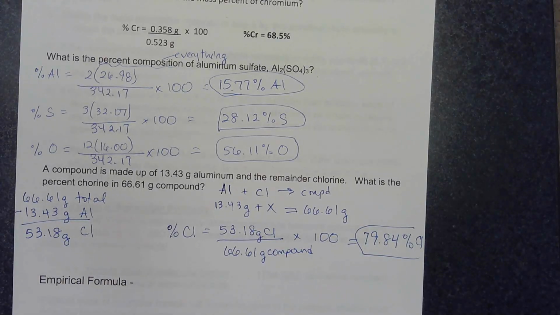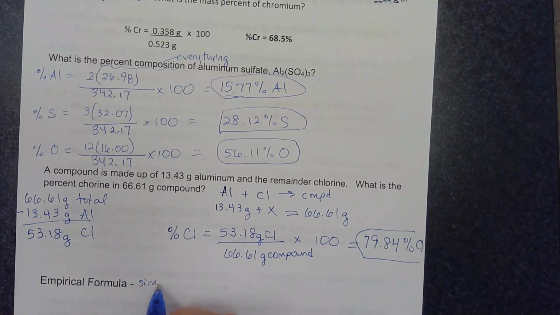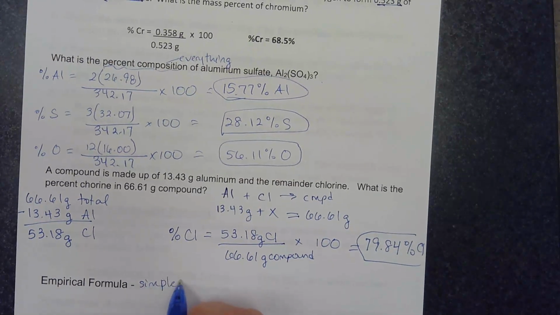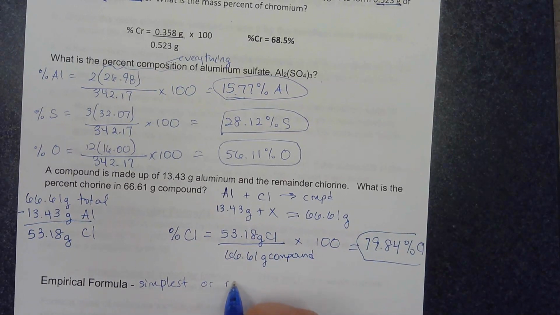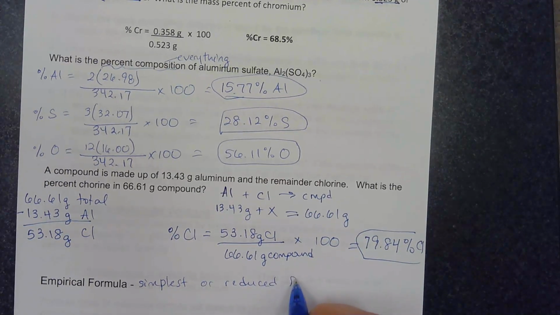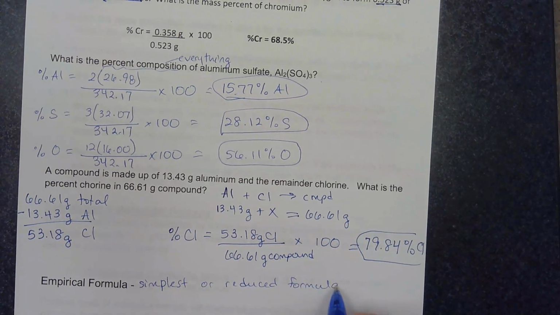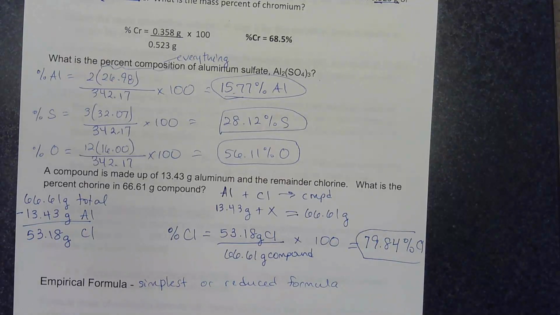All right, let's look at what empirical and molecular formulas are. So an empirical formula is the simplest formula or reduced formula.